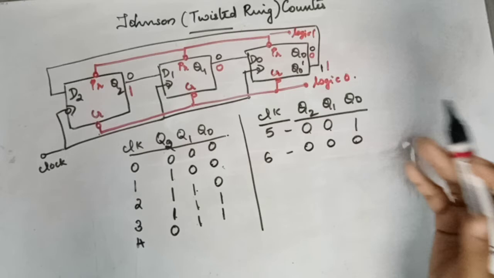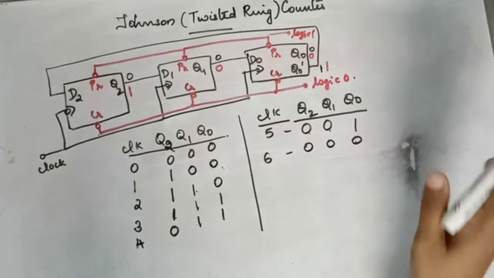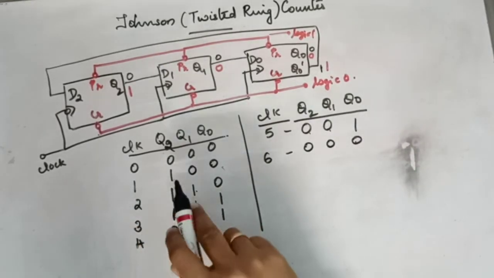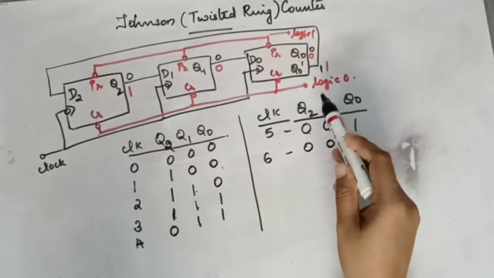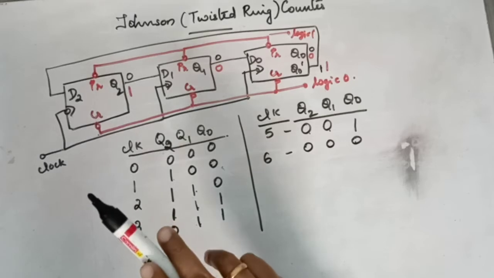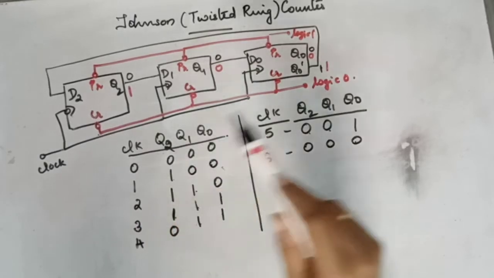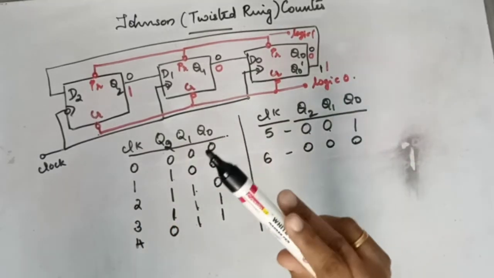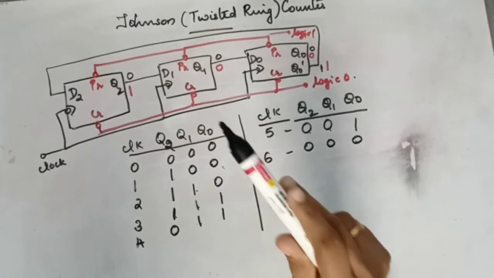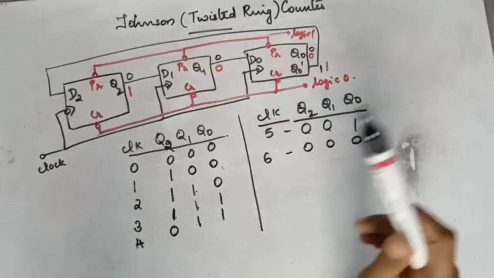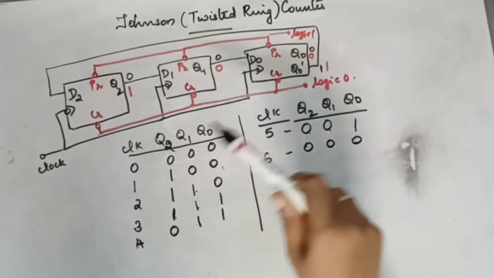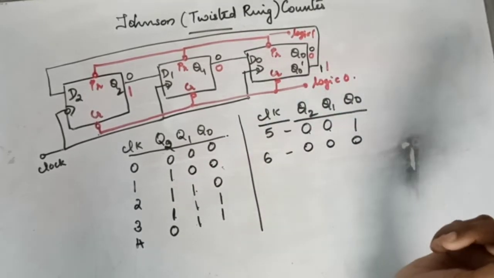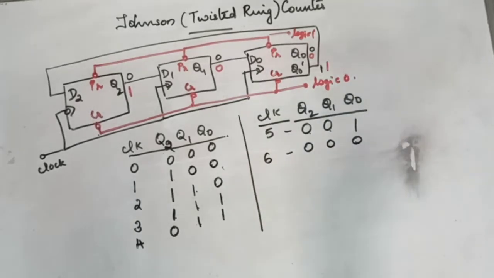In a ring counter, LSB flip-flop Q is connected to the MSB flip-flop D. In Johnson counter, LSB flip-flop Q bar is connected to the MSB flip-flop D. Okay. In ring counter, you are giving either 100 or 001 in the case of 3-bit ring counter. In case of Johnson counter, initial state is 0, 0, 0. Okay, so that is the Johnson counter.